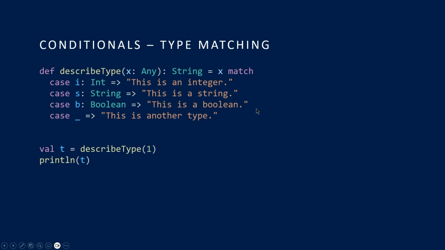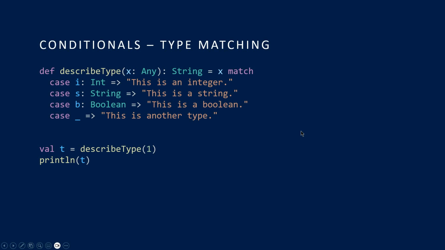We can do some clever things as well. I don't always include this in these coding examples, but there's an example of how this might be used. You can do type matching. So I can create this function here, which I've defined.